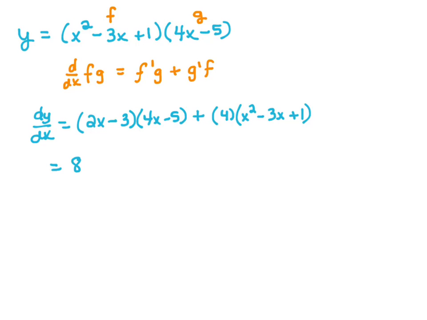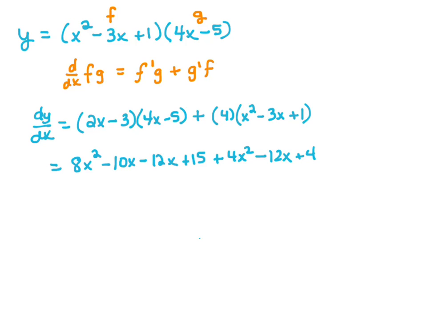2x times 4x would be 8x squared. 2x times minus 5 is minus 10x. Then negative 3 times 4x is negative 12x, and negative 3 times negative 5 is plus 15. And now I'm going to distribute the 4, so plus 4 times x squared, and then minus 4 times 3x is 12x, and 4 times 1 is 4.